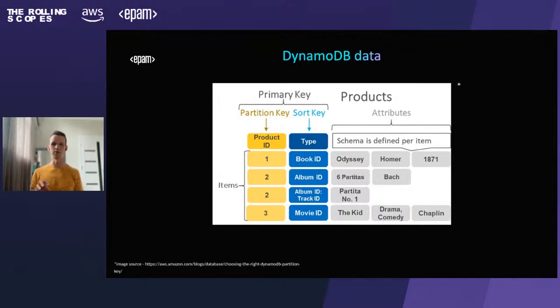It would be the same user, but we would like to separate these two. So the partition key is the same, but the sort key, for example the ID of the cafe he's usually visiting, would be different. So in this case, the primary key would consist of the user ID and the ID of the cafe he's usually visiting.